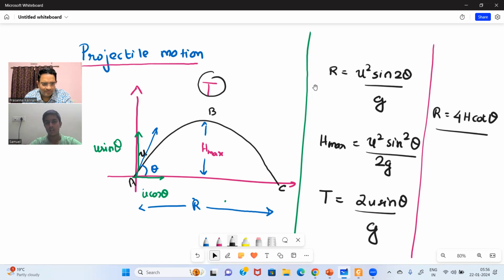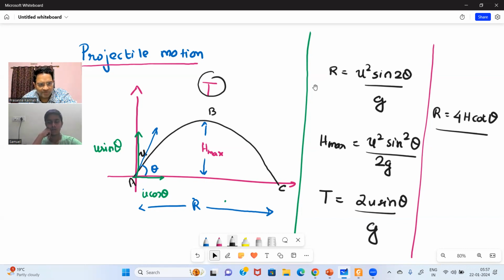All this we mentioned in the previous class. Vertical velocity becomes 0. At the topmost point B, what becomes 0? Vertical velocity, because your velocity has two components, horizontal and vertical. So the vertical component becomes 0, and that's the reason it is not able to climb up beyond.